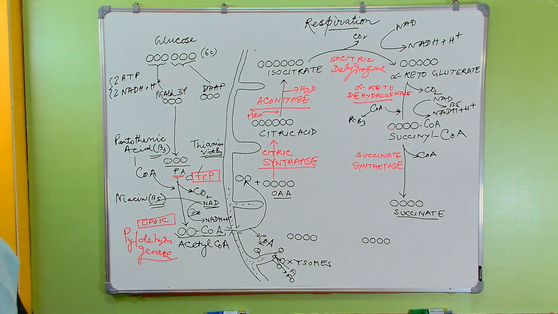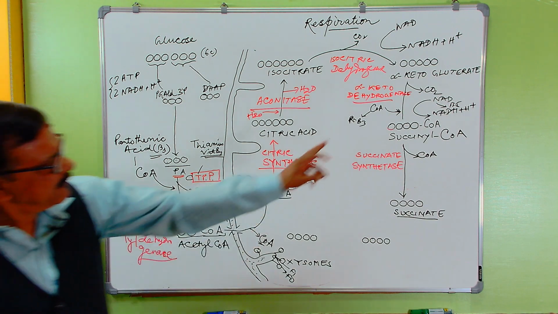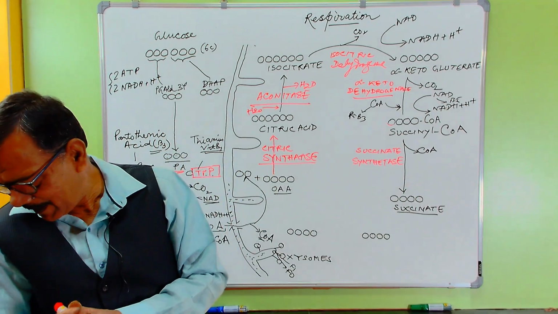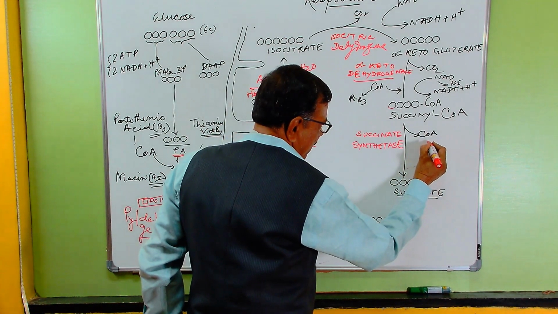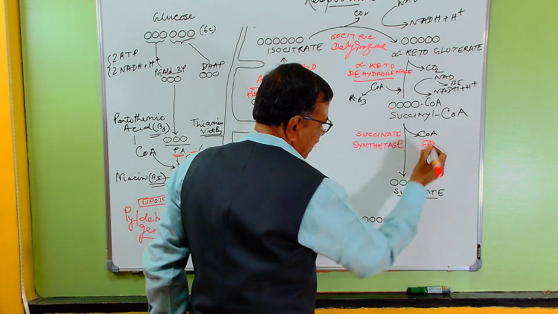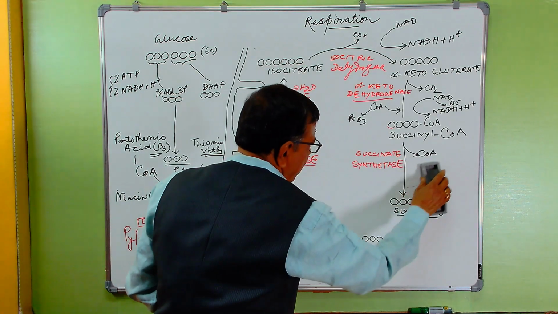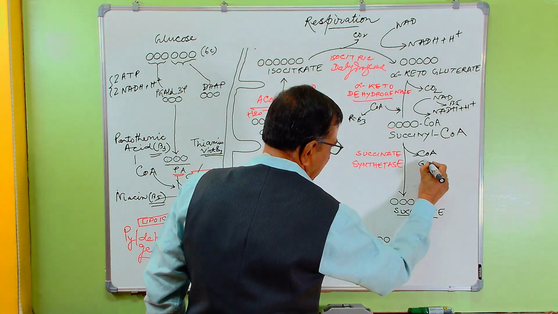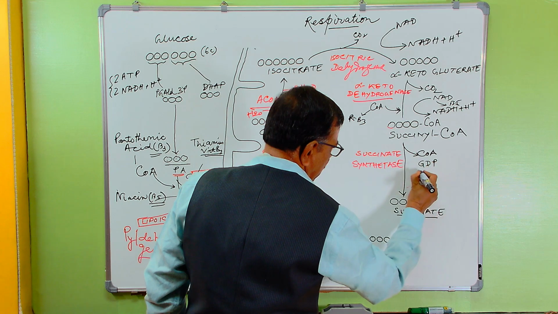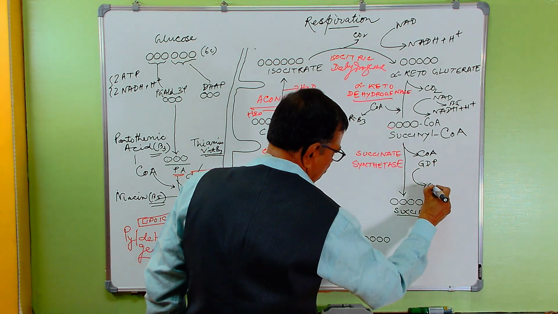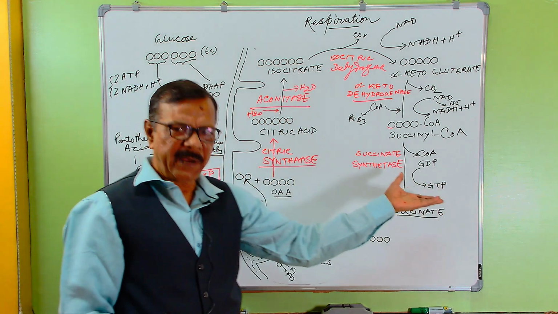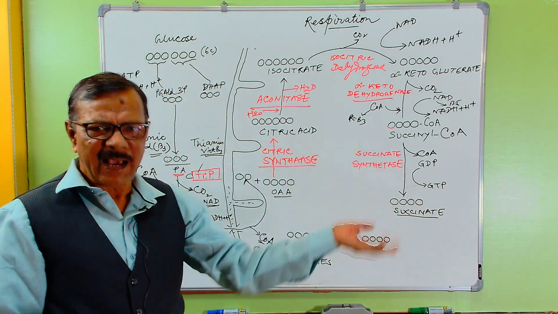Here one more thing is produced. I have said that no ATP has been produced so far; here ATP will come. Let me say here GDP, guanosine diphosphate, will be converted to guanosine triphosphate. GTP is one kind of ATP, the currency in another form.